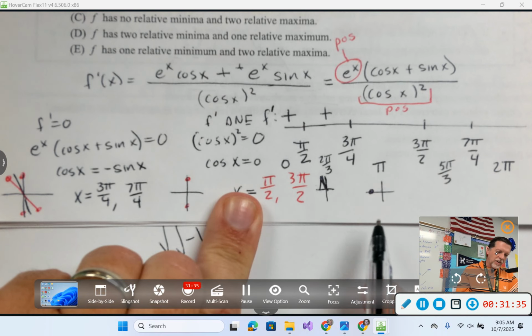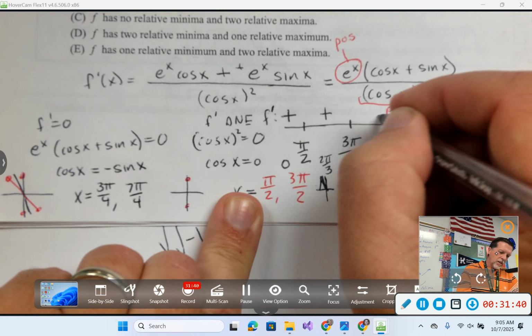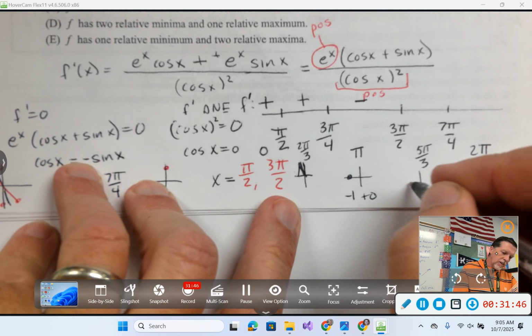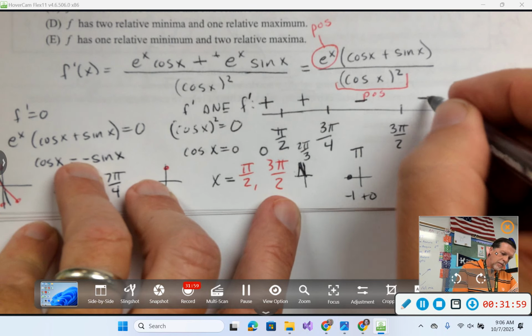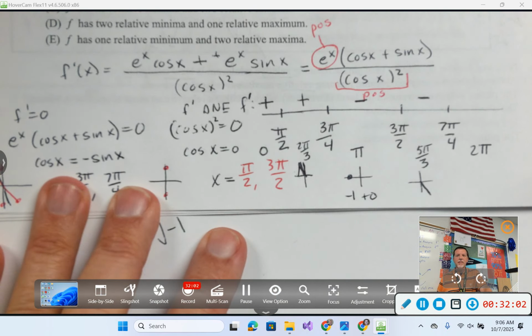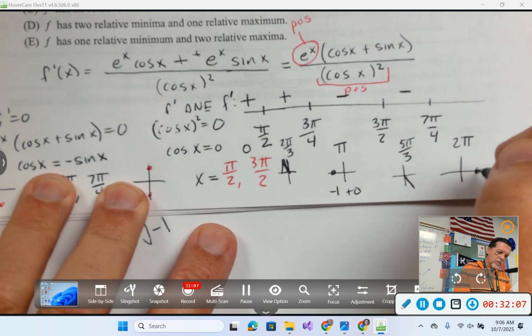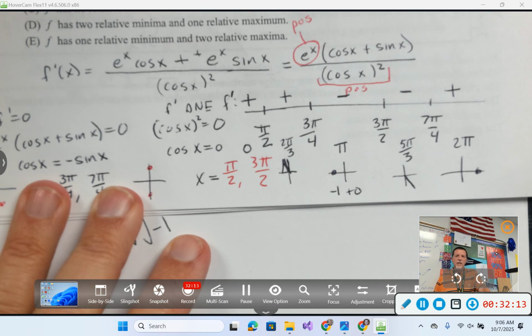Back to drawing the unit circle here. Cosine of pi is negative 1. Sine of pi is 0. So that's negative. 5 pi over 3. Let's see. No, cosine's positive. Sine is negative. But the sine's a bigger value, so that one's negative. And then at 2 pi, cosine is 1, sine is 0, so that's positive.